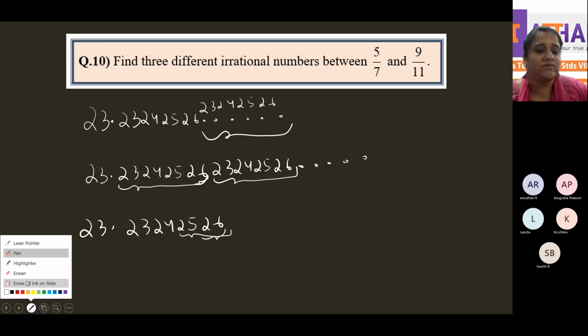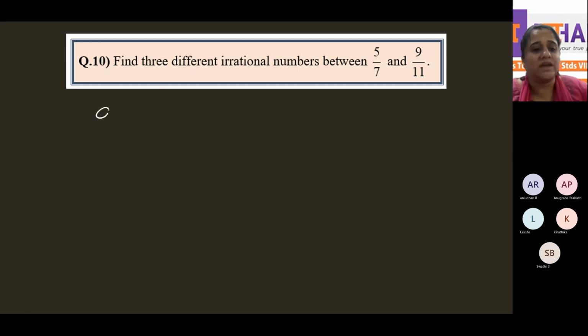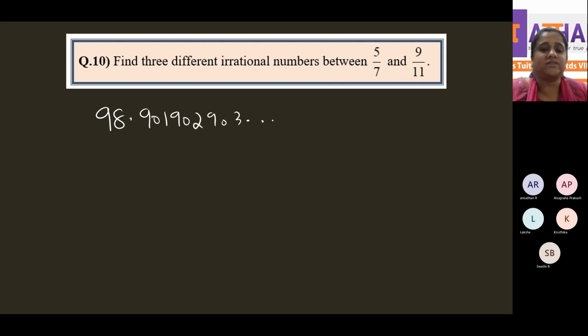So when we write something like 98.901, 902, 903 and it goes on like this, what is repeating? You cannot make out that a particular digit or set of digits is repeating itself.